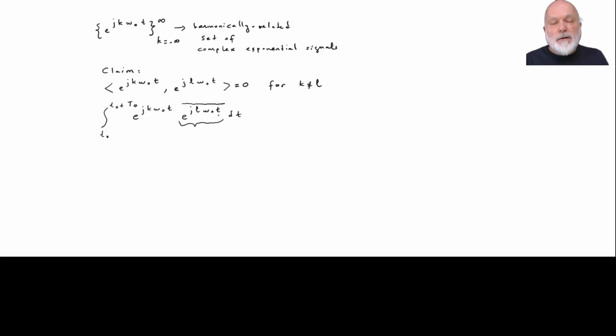So, in the conjugation, we will have minus j replacing j, and therefore this will be e to minus j L omega 0 t. Therefore, this integral will be e to j k minus L omega 0 t integrated with respect to t.